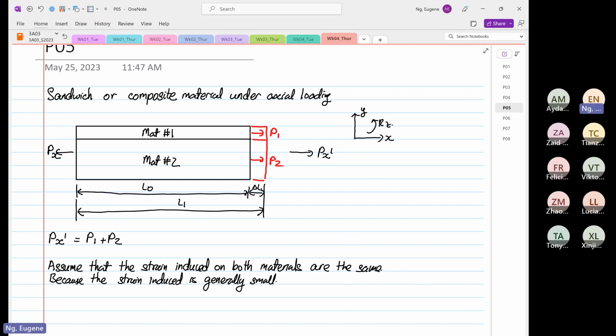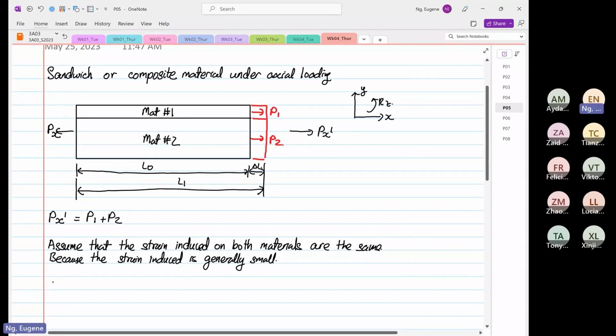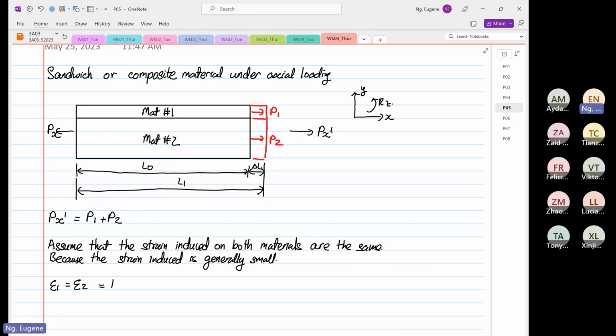Okay, the strain is small. So the strain of material 1 we are going to assume to be equal to the strain of material 2, and this is equal to L1 minus L naught over L naught, so we will have delta L over L naught. Okay, so this is equation number 1.